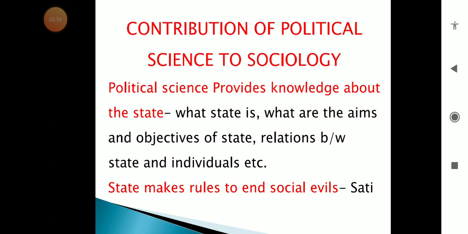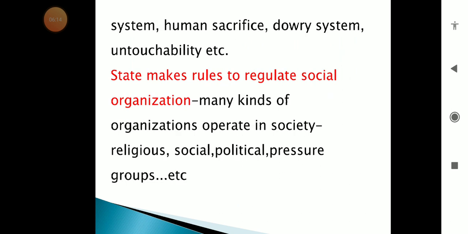State makes rules to end social evils. Another contribution of political science is that it makes rules and regulations. The state has coercive power. It has the authority to implement and punish the people. So it makes rules to end social evils. If you talk about social evils, we had the Sati system, human sacrifice, the dowry system, untouchability, etc. For these, the state has made rules, and accordingly things have changed.